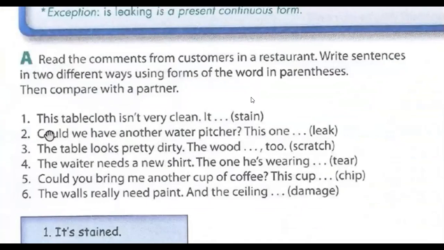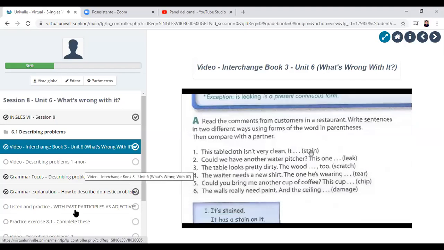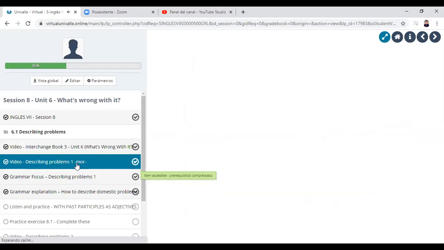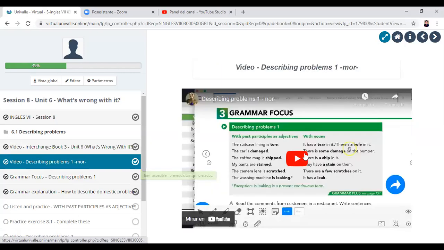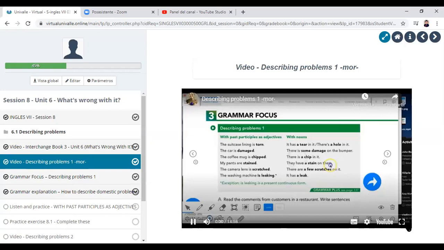Okay, now we're gonna continue with the class. And here we have a listening, no, we have another video tutorial about describing problems number one. Okay, we're gonna take a quick look at it. We're gonna be able to learn how to make sentences or statements when it comes to describing problems, okay?